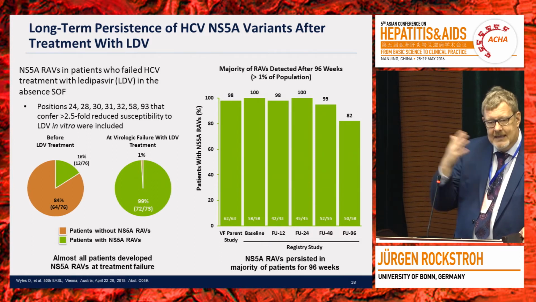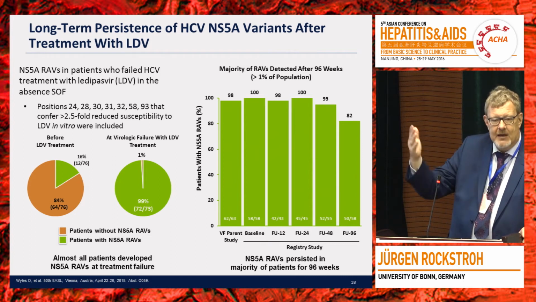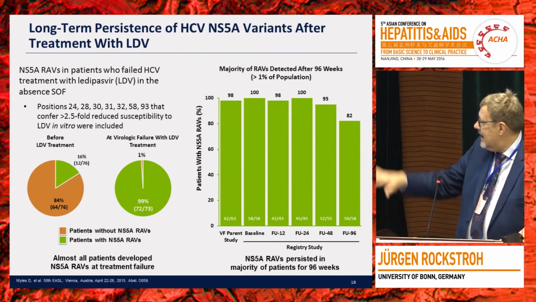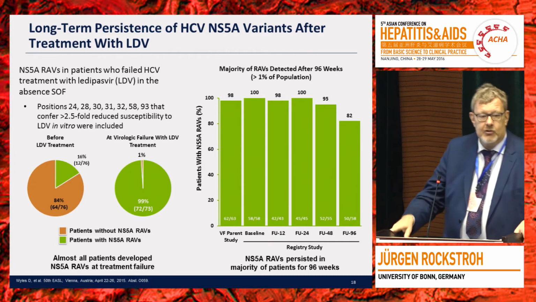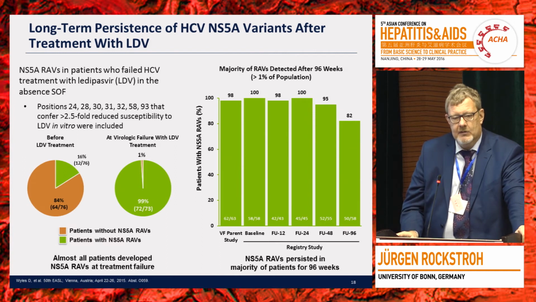If you fail on an NS5A inhibitor-based regimen, you're very likely, depending on the duration of therapy, to develop these amino acid substitutions. And you can see that after 2 years of follow-up, the majority of patients still carry that particular mutation or those mutation sets.